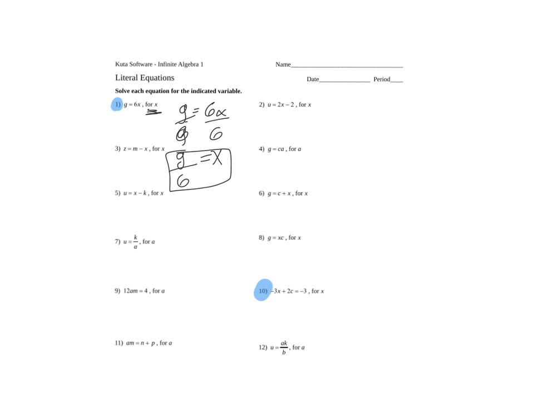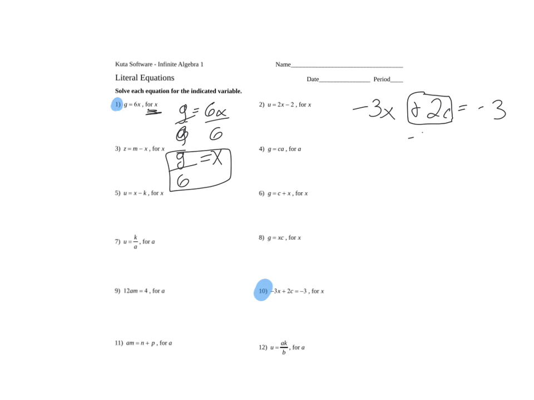So let's look at number 10. How are we going to do number 10? Well, I'm going to write it up here so we get a little bit of room. So we get negative 3x plus 2c equals minus 3. The first thing that we're going to do is get rid of our addition and subtraction here. So we're going to look at that plus 2c. Now, instead of treating c like the variable we're trying to get to, we're just going to get rid of that.